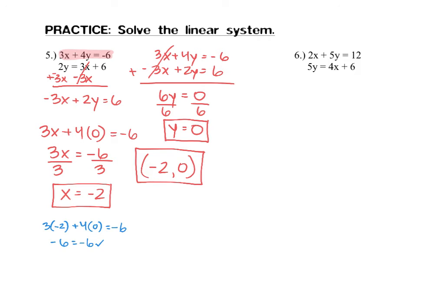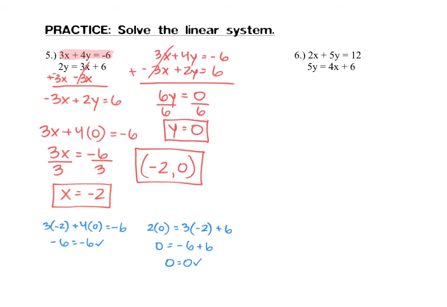Then I'm going to do it with the second equation, which would be 2 times 0, because I'm going to plug in that for y, equals 3 times negative 2 plus 6, so that's 0 equals negative 6 plus 6. And yep, that one works out too. 0 equals 0. So that just gives me more confidence that I have the right answer, and it took me just a couple seconds to do, so that seems worth it.